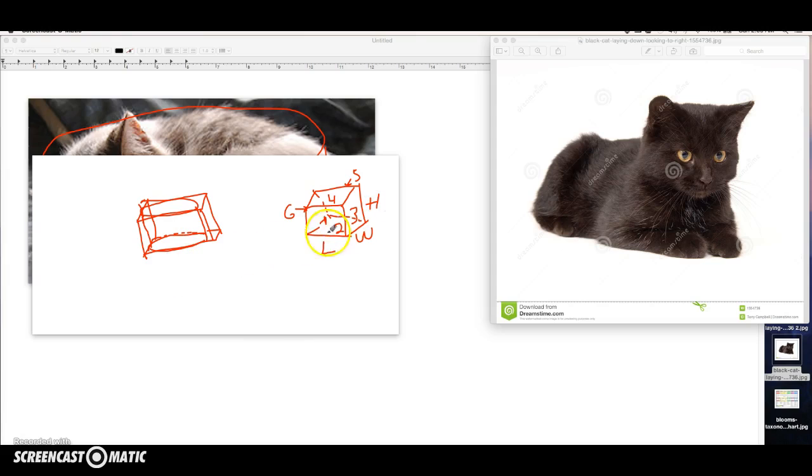All right, so to find the surface area, of course, we have to find the area of every surface. So to find the area of side number 1, you're going to take the length times the height. Surface area of side 2, that would be the bottom. So we've got this area right here, and that's the length times width. Then the surface area of side 3, that is the width times the height.